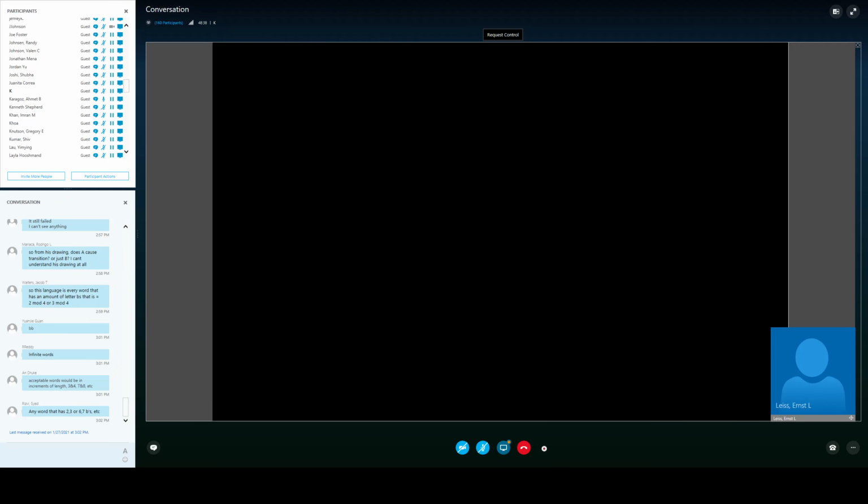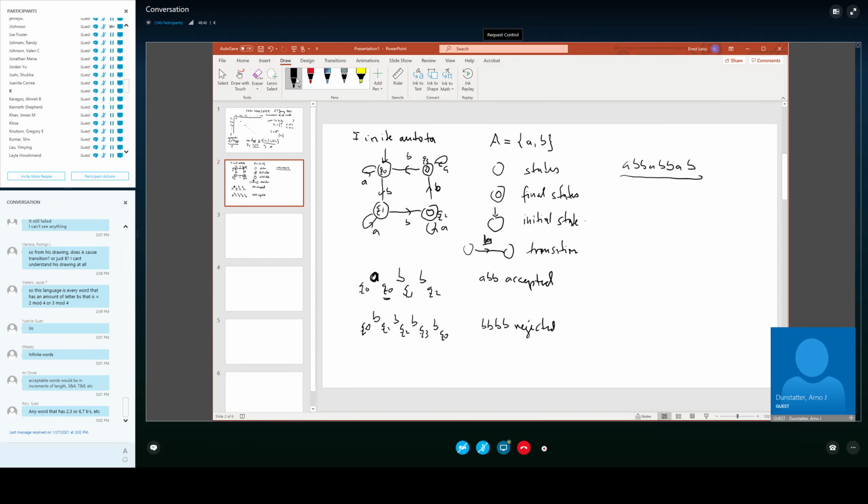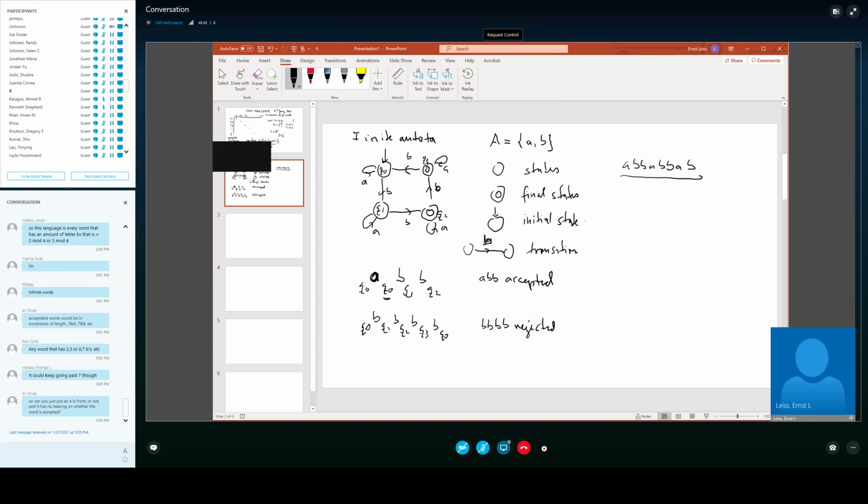Could you explain what you meant by the 2 modulo 4 part? If you look at this automaton, the automaton basically is a cycle of length 4. Under B, as I said, we're ignoring the A's because they are not really relevant.